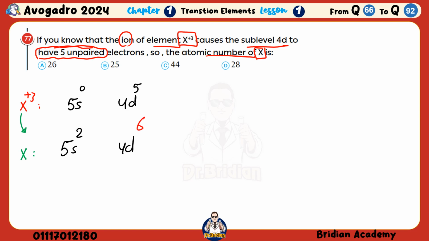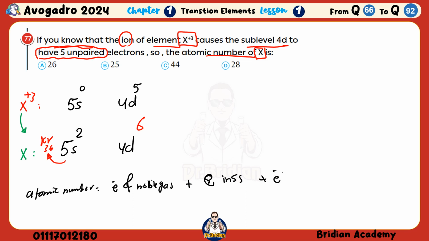The nearest noble gas in this case is krypton 36. To calculate the atomic number, add the electrons of the noble gas plus the electrons in 5s plus the electrons in 4d. So 36 plus 2 plus 6 is 44. So letter C is the correct choice.